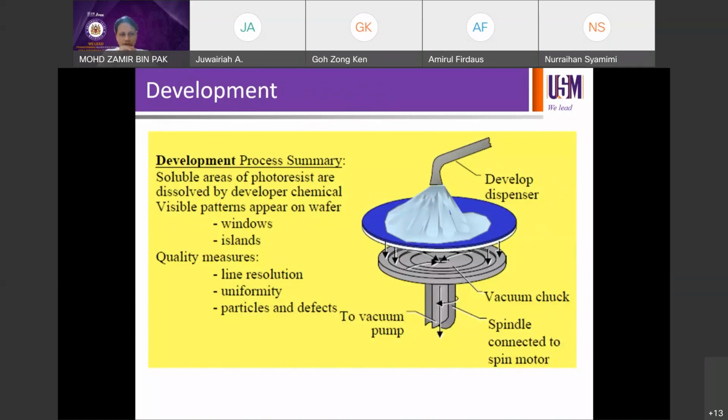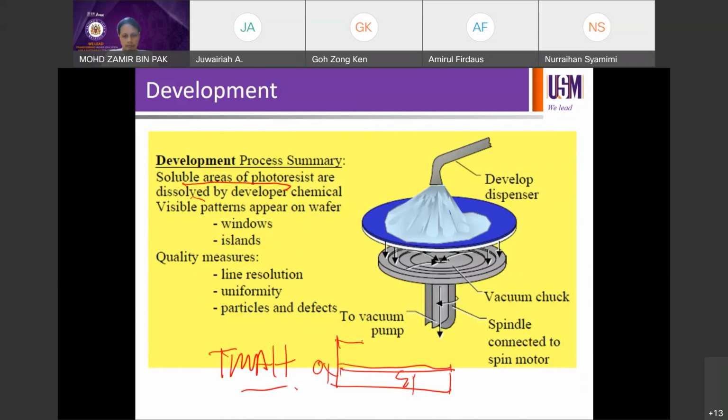Soluble areas of photoresist are dissolved by the alkaline solution. In this case, we use TMAH, tetramethyl ammonium hydroxide, an alkaline solution. If you talk about the positive resist, like on the previous page, silicon, oxide, the shaded region is what we have removed.